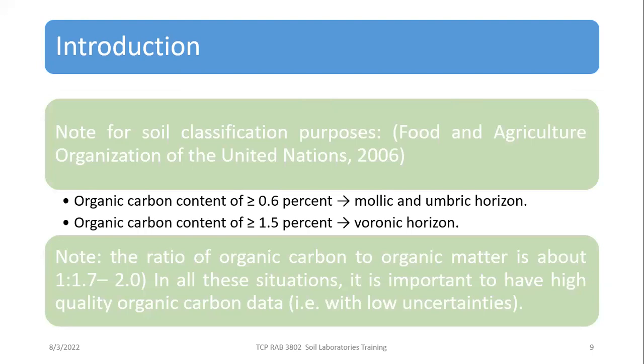According to the Food and Agriculture Organization of the United Nations 2016, an organic carbon content of more than 0.6% indicates the presence of a specific soil horizon known as mollic and umbric, while organic carbon content of more than 1.5% indicates the presence of a folic horizon.